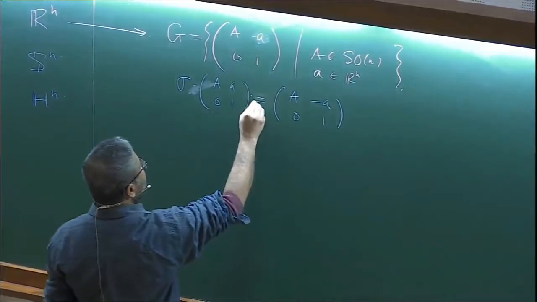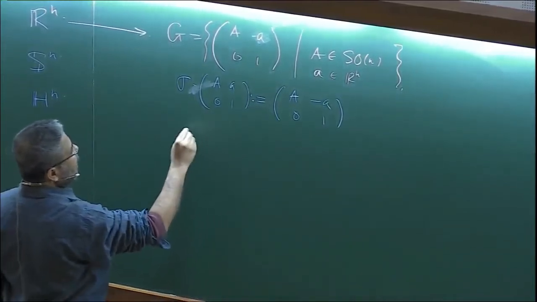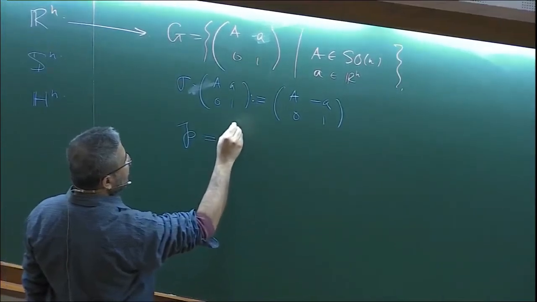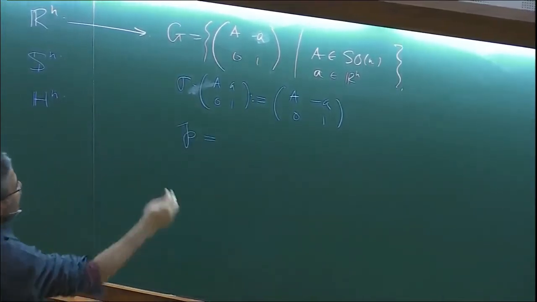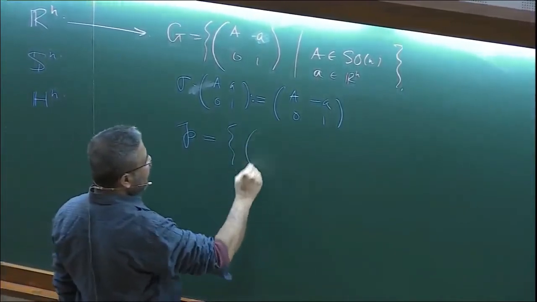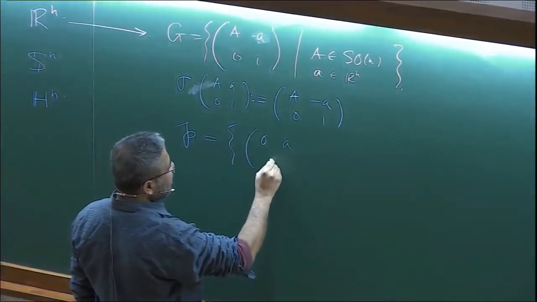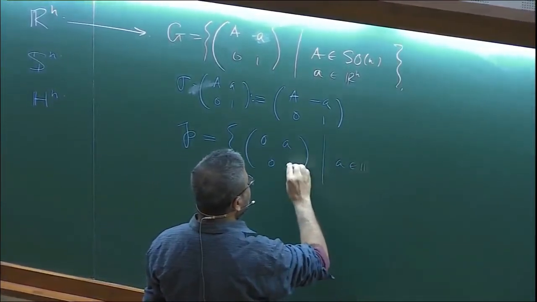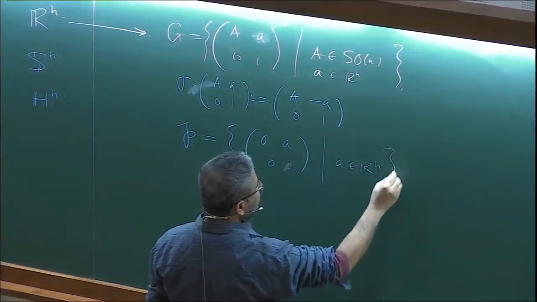This is the definition, and my p is simply the matrices (0, A; 0, 0) with A in Rn.